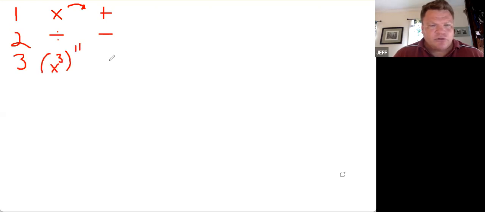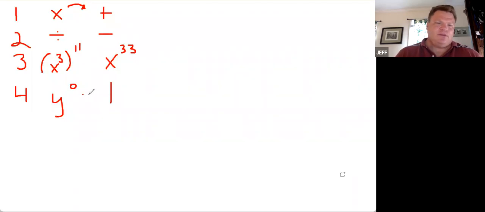That one we multiply. Rule 4 is anything to the 0 power is 1, which is weird because the y just disappears. So that's a weird one.